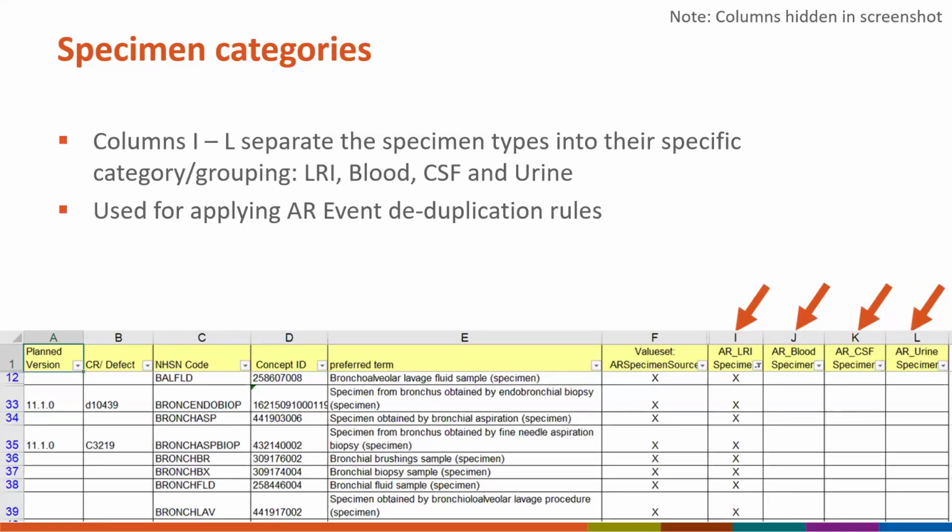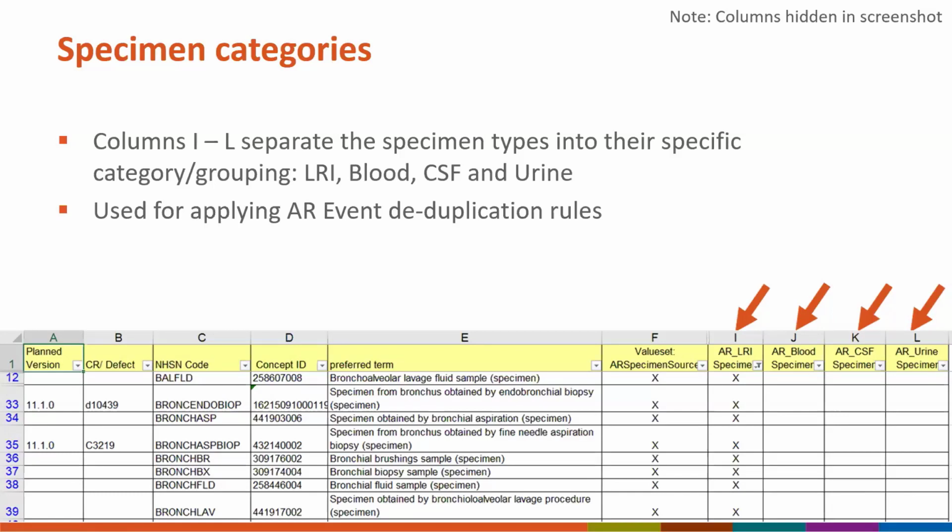Columns I through L are the separate specimen types, the 4 specimen types there: LRI, or lower respiratory, blood, CSF, and urine. Again, an X in that given column, in this case for LRI, for example, means that that specimen type is in the LRI group or bucket.